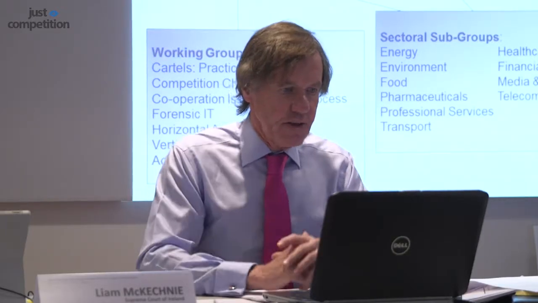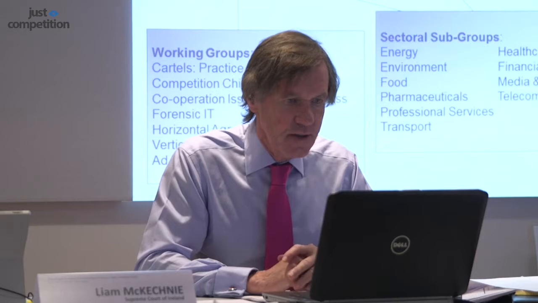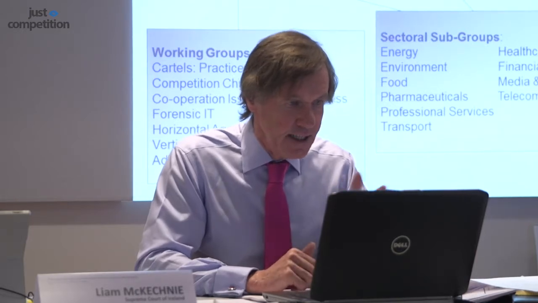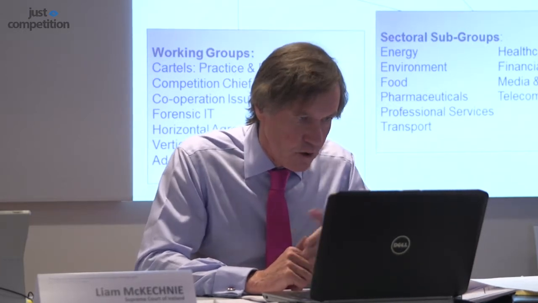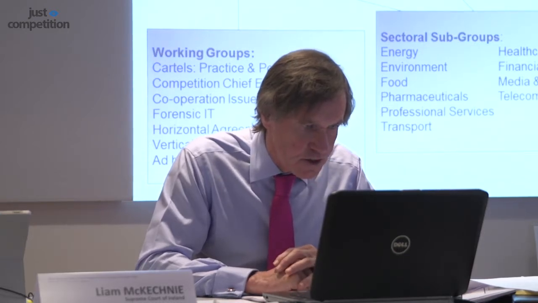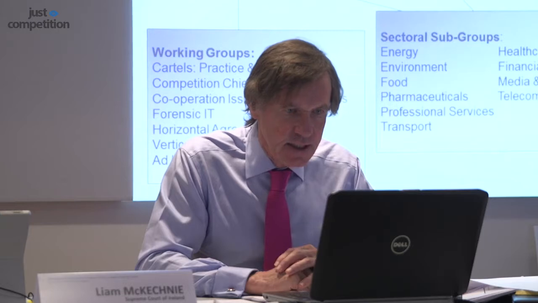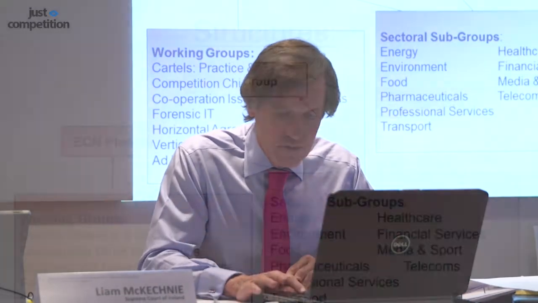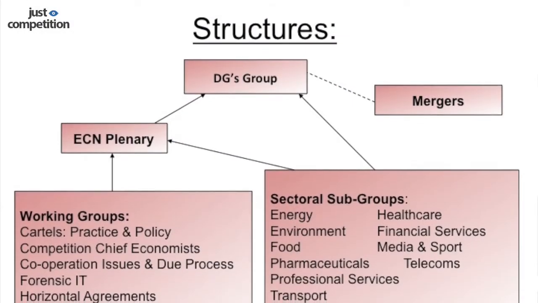This is just a graphic picture of the overall structure. There you have the DG Group, you have the ECN in plenary sessions, the working groups underneath it: cartels, competition, cooperation, forensic IT, etc. You have mergers on the far side and those subgroups. We don't really have to go into those.